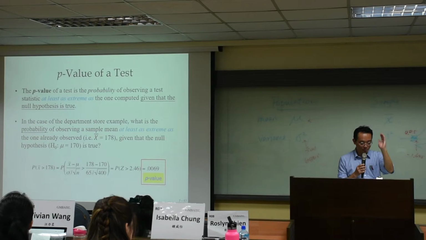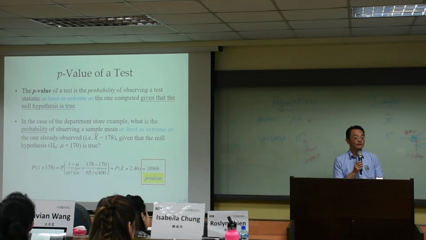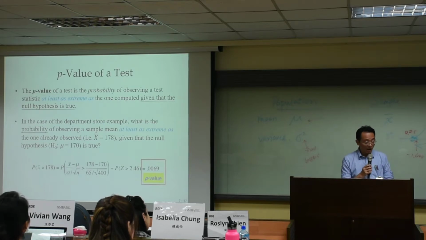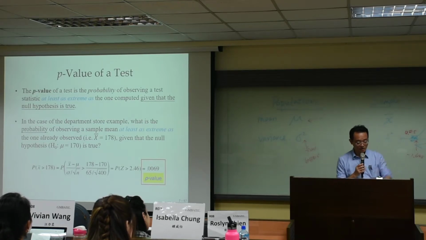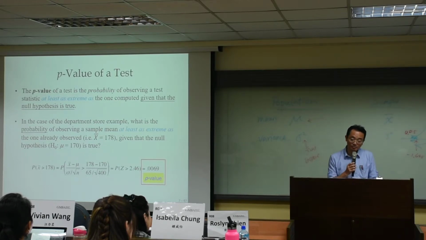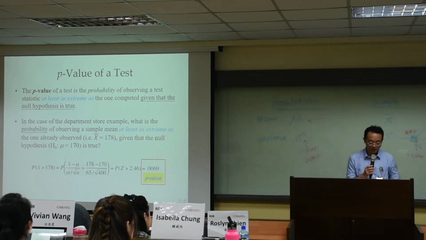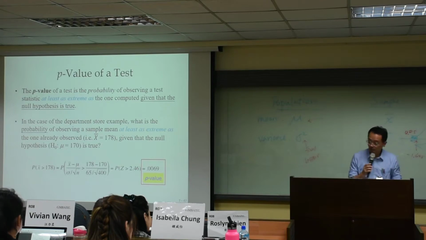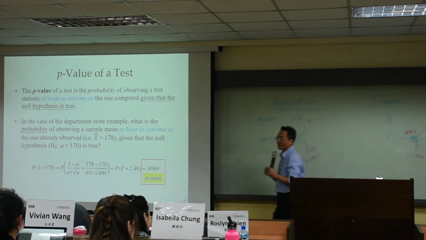P-value is a probability. The P stands for probability. So p-value is a probability of what? Of observing a test statistic at least as extreme as the one computed given that the null hypothesis is true. Okay?